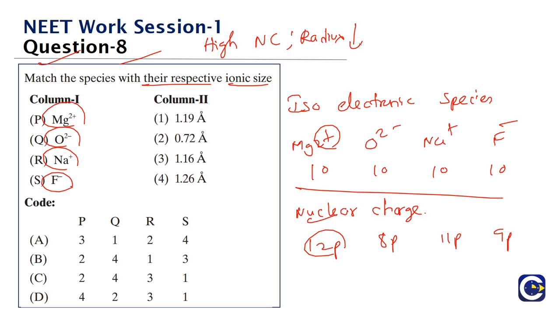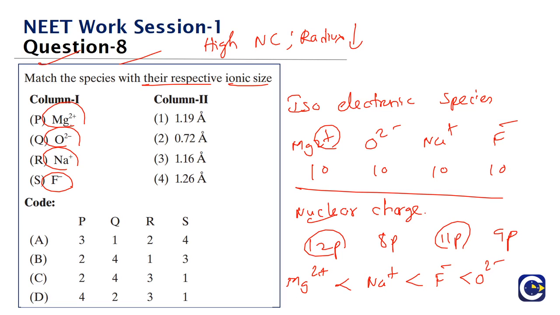High nuclear charge means the radius will shrink further, so the radius will be lower. So we can arrange them based on the nuclear charge. Where is the nuclear charge highest? Magnesium. So magnesium 2 plus will have the least radius. Then comes Na plus, then F minus, then O2 minus. This is the radius comparison.